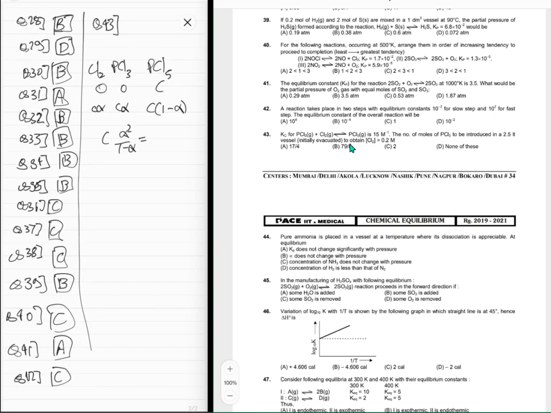Now we are going for the reverse reaction in that case. So the reverse reaction, that would be 1 upon 15, and then this upon C. That's what this quantity should be. So what do you want? You want the number of moles of PCl5 to be reduced to obtain the concentration of Cl2.